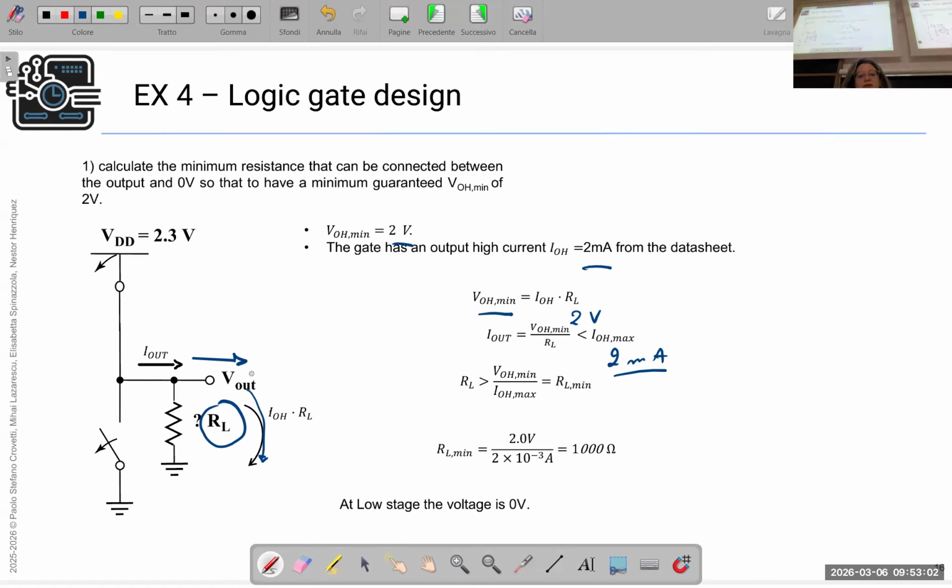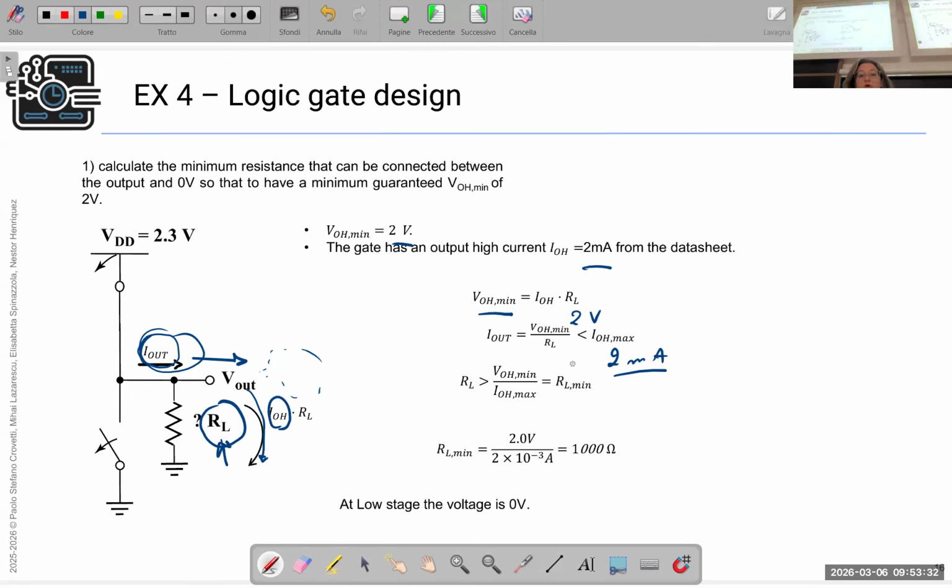But here there can also be other things, so there is a total current. In this case, we just want to consider that if we put a resistance, the total current is less than IOH, which is determined by the gate.